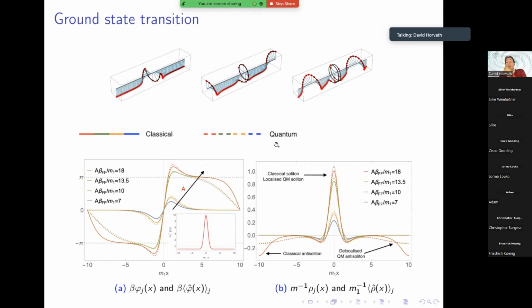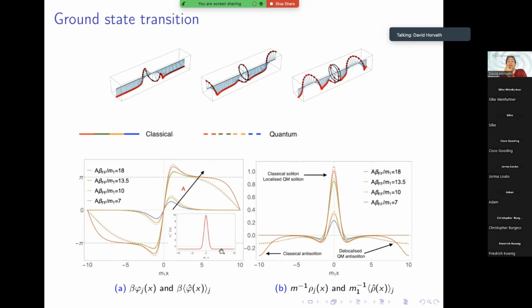In the quantum case, on the other hand, what we can claim based on the shape of these figures, is that here in the middle, what we have is still more or less a localized soliton. But in the quantum case, the anti-soliton, which must be there because of the neutrality condition, in fact, is not localized. And the reason for that is, here I again visualize the chemical potential. So here we have the soliton which is dragged, but apart from this region, the chemical potential is completely featureless.